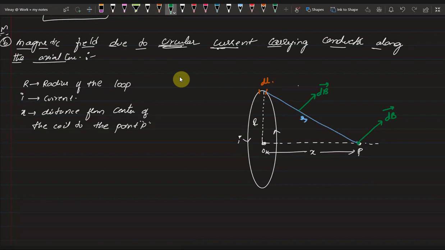Now according to the Biot-Savart law, if I take this as small elemental length dl, and take it as point B, the angle between r and dl is taken as theta. Now this is r, small r, and this is dl.